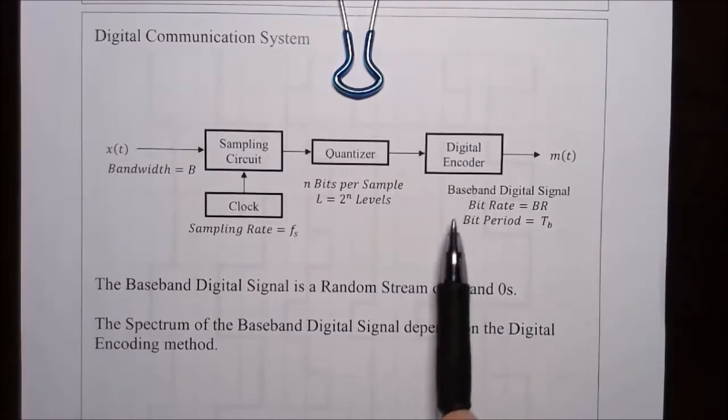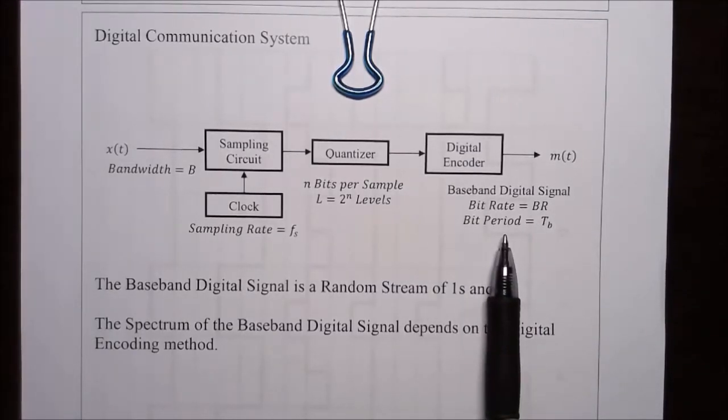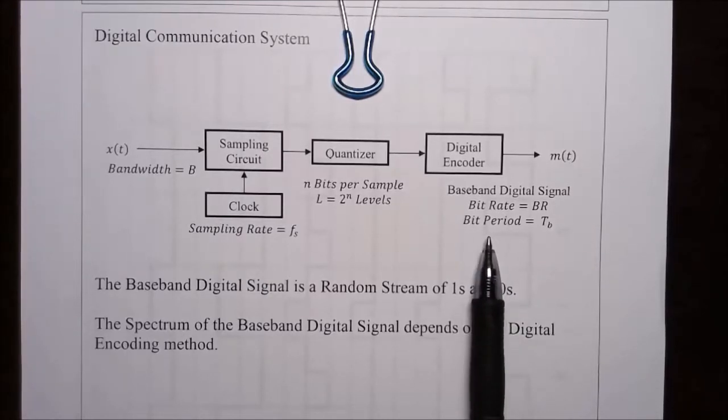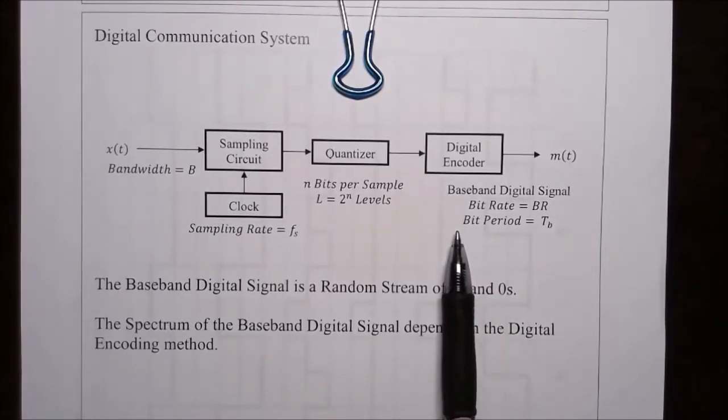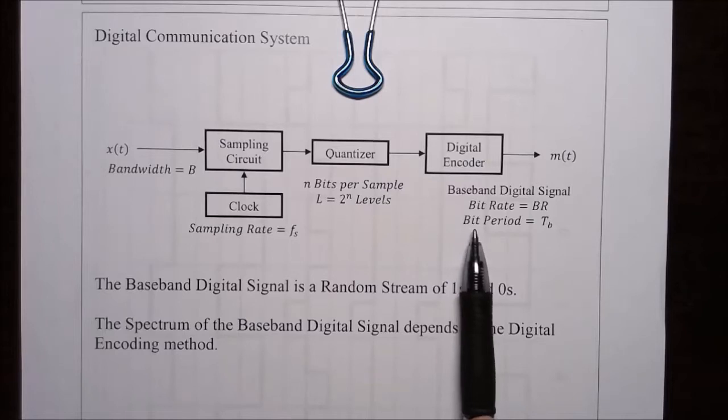Now this string of ones and zeros we are going to consider as a random signal, and since it's a random signal, we have to take a bit of a side road, a detour, to discuss how to find the bandwidth of this digital signal.